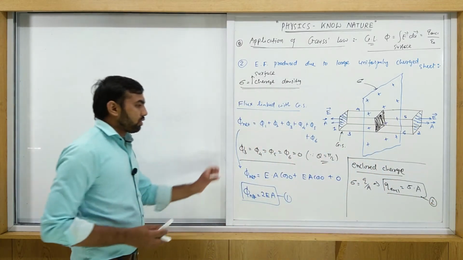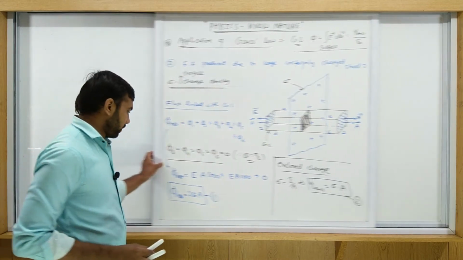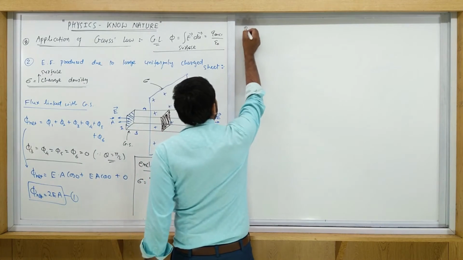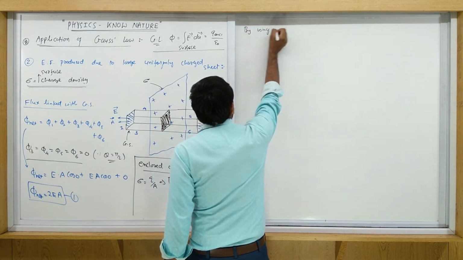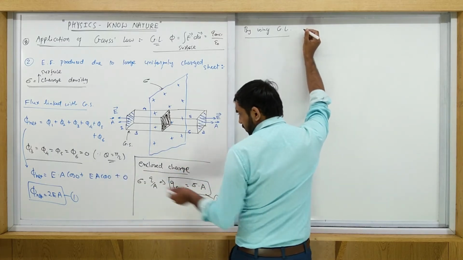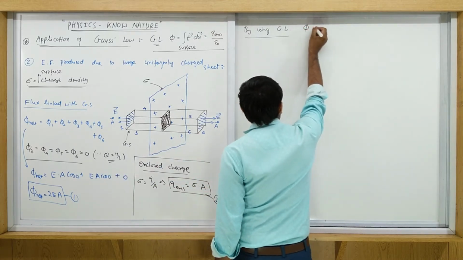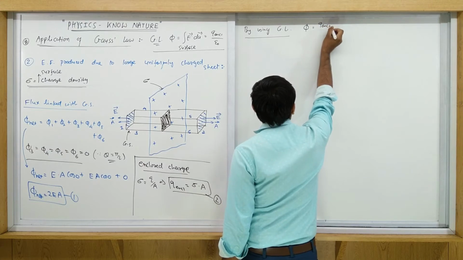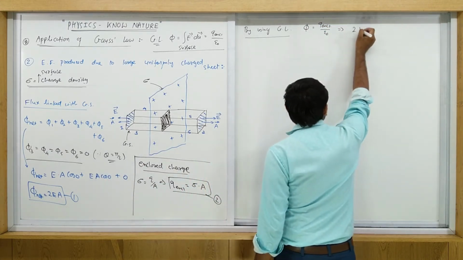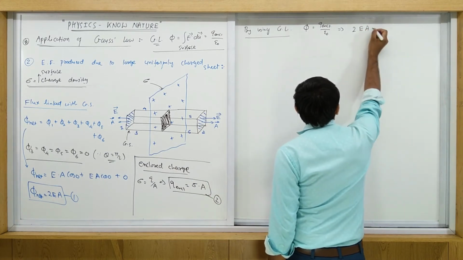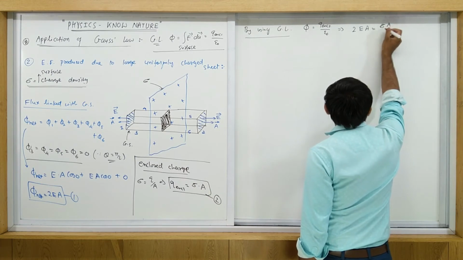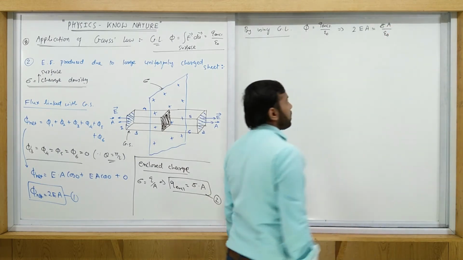Use Gauss law with equation 1 and 2. By Gauss law, flux is equal to q enclosed upon epsilon naught. What is flux? 2EA. So 2EA is equal to sigma into A upon epsilon naught.